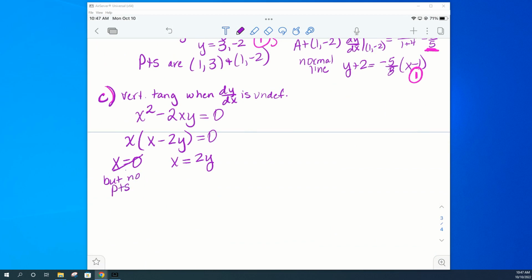But let me see what I can do with this one. Again, there are 2 different ways you could solve this problem. Being that it asked me for the x-coordinate, I tend to get everything in terms of x. So y is equal to x over 2. So if I go back to my original, and I'm rewriting the original just so I don't have to scroll my iPad back up, this was the original equation.